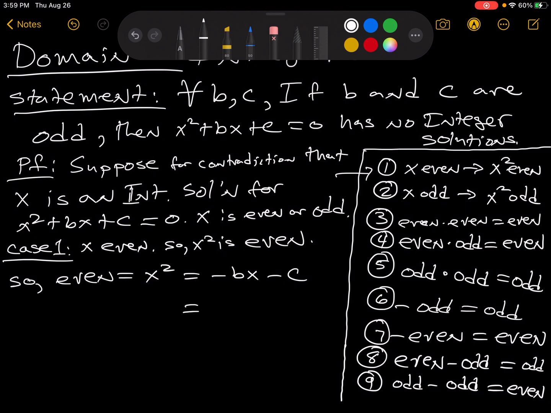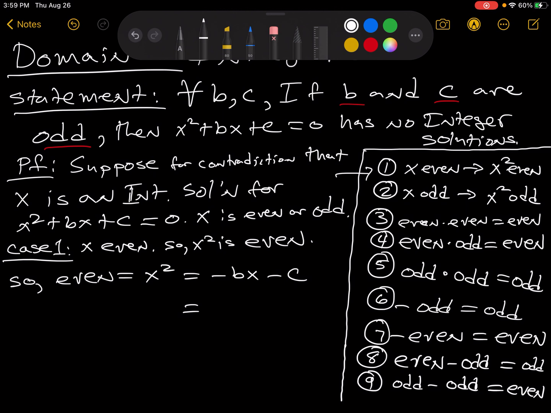Now, remember, b and c are assumed to be odd. That's one of our assumptions. b and c are odd. Right, so if b is odd, then by 6, negative b is odd. And x, we assume, is even.